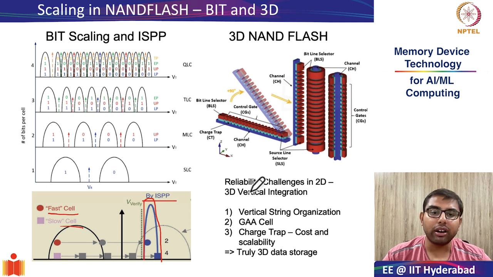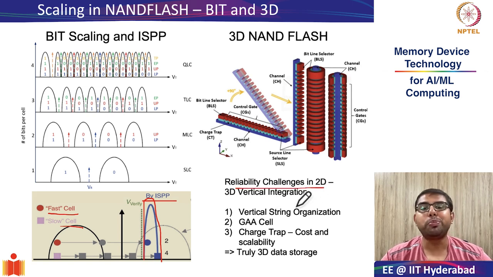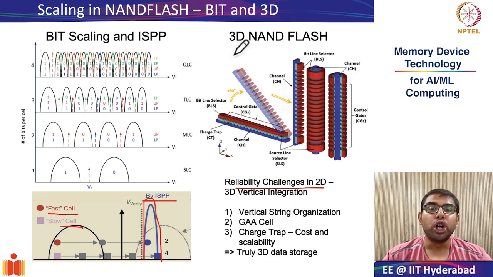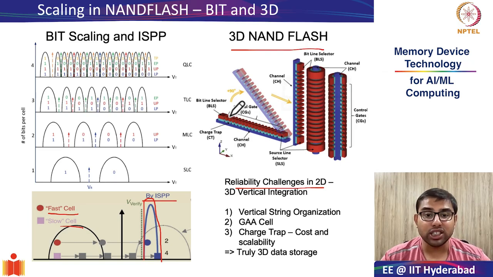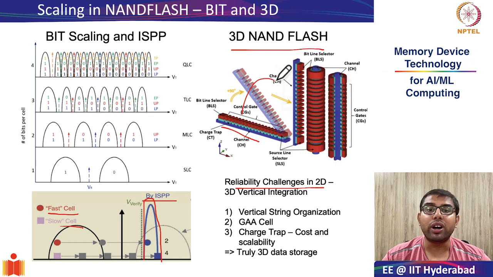Finally, we looked at the reliability challenges which prevented further scaling of the 2D NAND flash and the introduction of truly 3D data storage through the 3D NAND flash through 3 important modifications. As you can see in the schematic, the first important modification was the organization from lateral string to vertical string, which allowed you to relax some of the design rules.